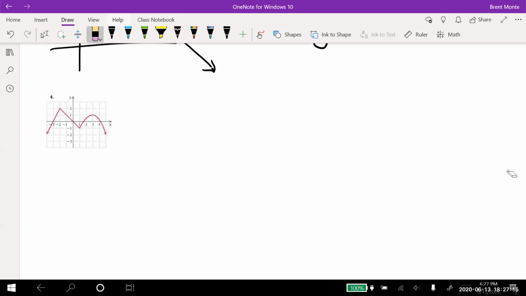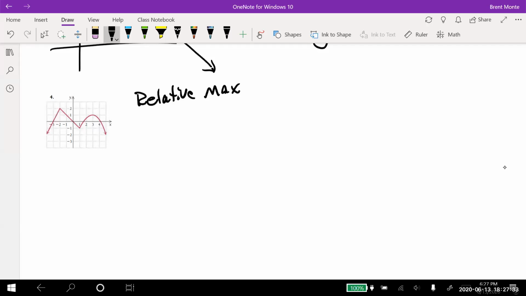Here's what I want to point out about this graph. We are looking for some different things this time. We're looking for when the function has what they call a relative maximum or a relative minimum. And so let's just list this out real quickly.